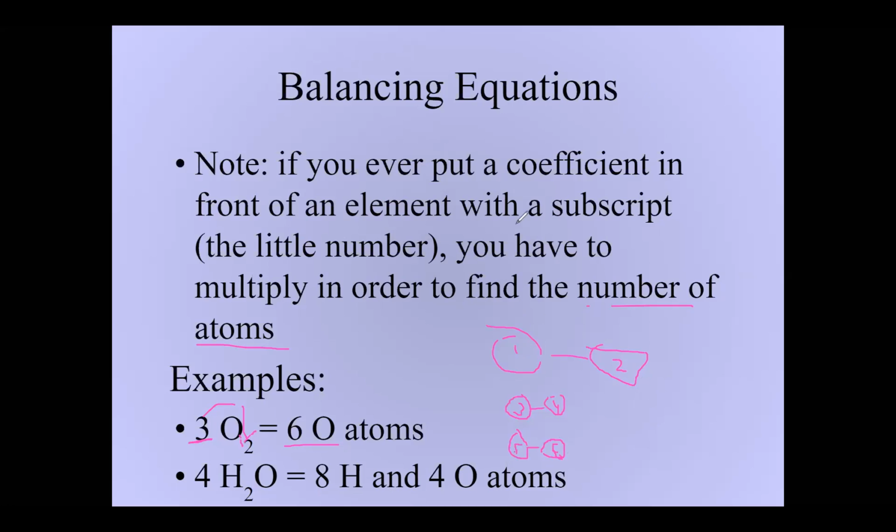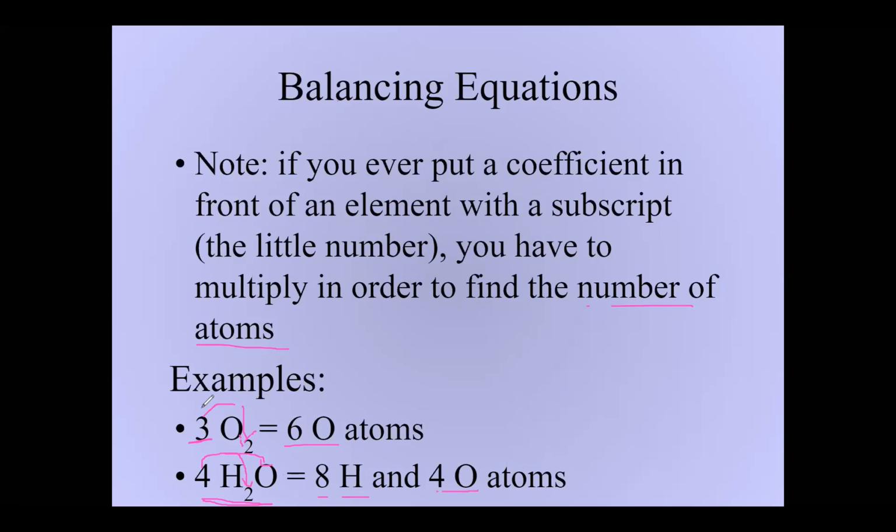Same thing down here with water, H2O. If we have 4 H2O molecules, then in order to figure out how many H's and O's that we have, we would do 4 times 2 gives us 8 H's, and the O doesn't have a subscript, so there's just 4 O's.